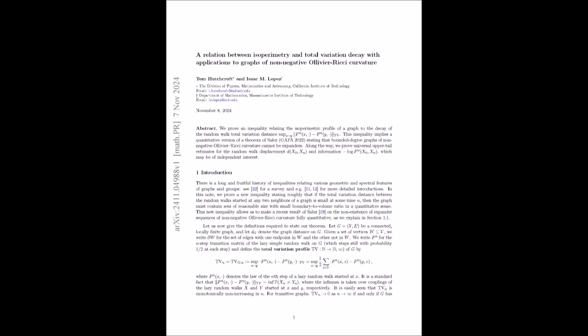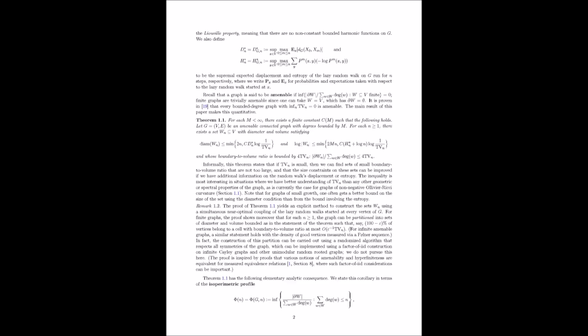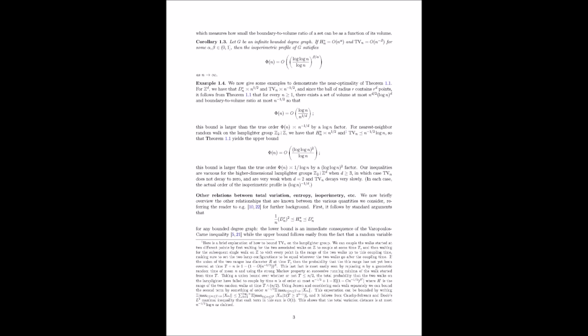Well, one area where this research could have a significant impact is in the analysis of real-world networks. Think about social networks, transportation systems, the internet. They can all be represented as graphs. Right, and by understanding the isoperimetric properties of these graphs, we can gain insights into their efficiency, robustness, and overall structure. But how exactly does that work? Let's take the example of a transportation network, say a network of roads connecting different cities.